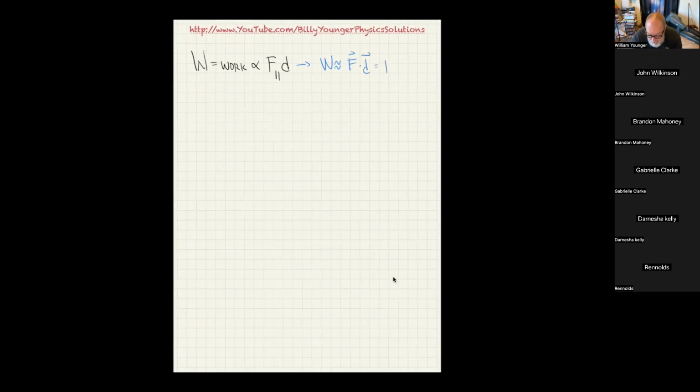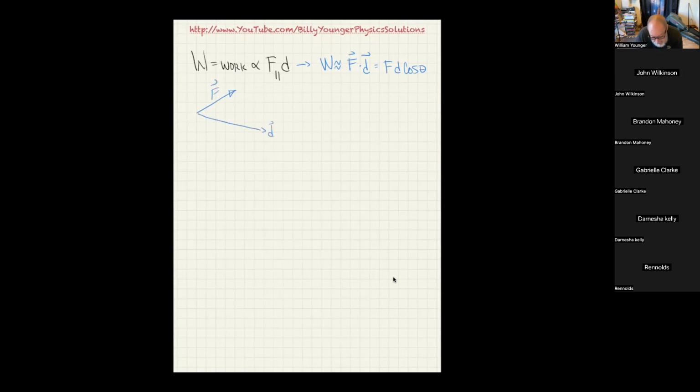That is the magnitude of F, which we can write as F without the vector symbol, times the magnitude of D, written as D, times cosine theta.